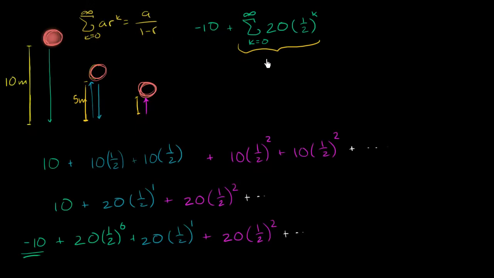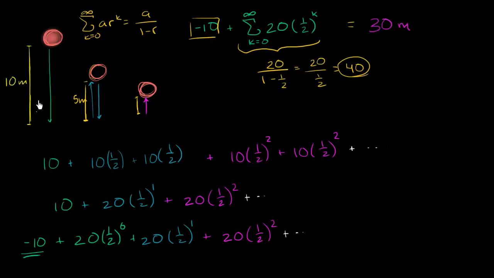This business is going to be equal to 20 over 1 minus 1/2, which is the same thing as 20 over 1/2, which is the same thing as 20 times 2, or 40. So what's the total vertical distance that our ball travels? It's going to be -10 plus 40, which is equal to 30 meters. Our total vertical distance that the ball travels is 30 meters.